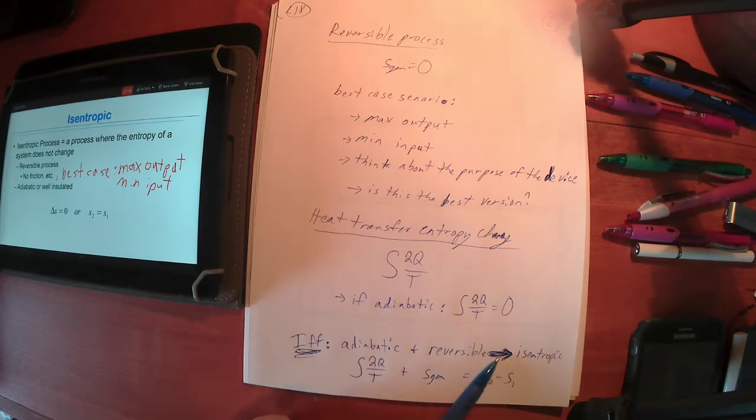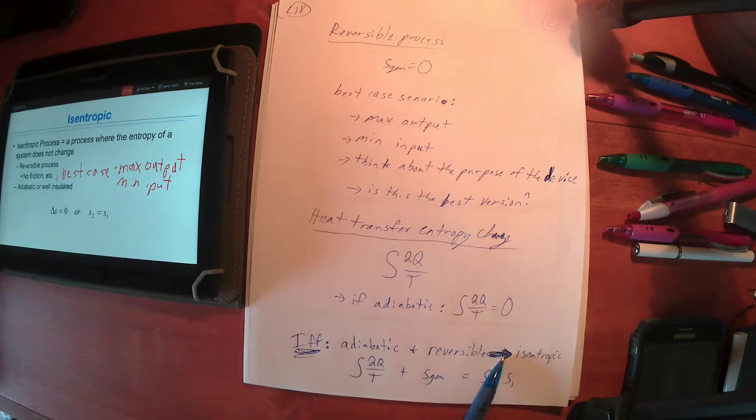This is an arrow. If I know it's isentropic, I don't necessarily know that it's adiabatic and reversible. But if I know it's adiabatic and reversible, if I know this is 0 and this is 0, then I know the delta is 0. But if I know this delta is 0, this could be positive and this could be equal and opposite negative, and they cancel out, or add up to be 0. So just be aware of that.